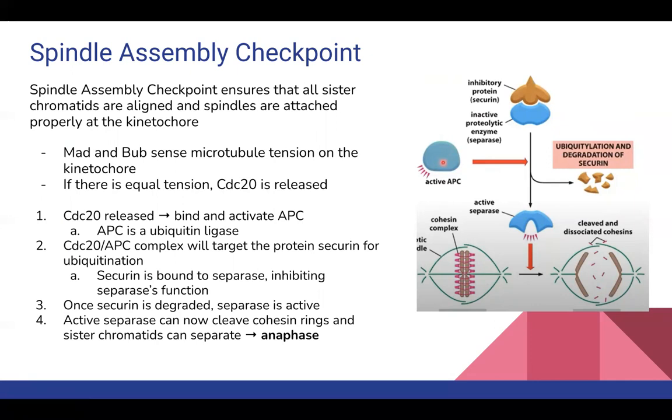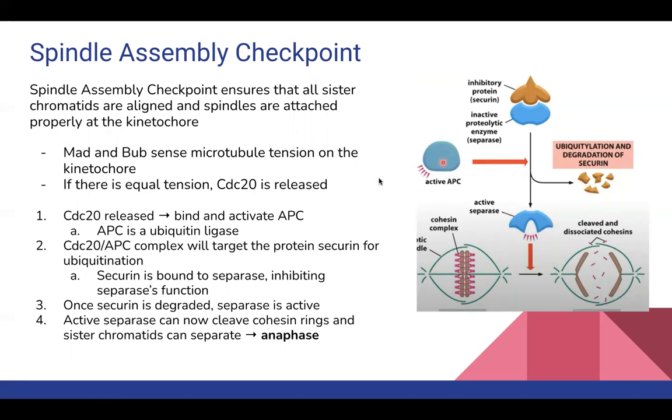So for this specific example, we have the active APC, and then we have this complex of an inhibitory protein, which you're going to know as securin, and then separase, which is going to be used later on. So the CDC20 and APC complex is able to target the protein securin and send it off to be degraded.